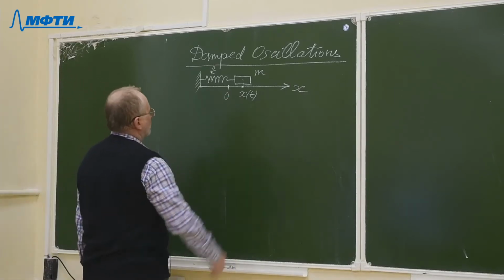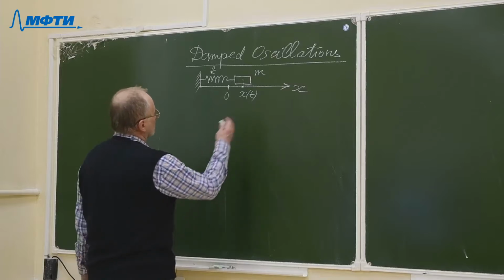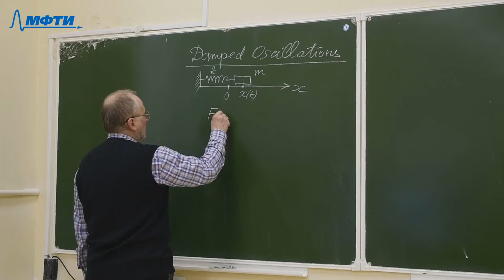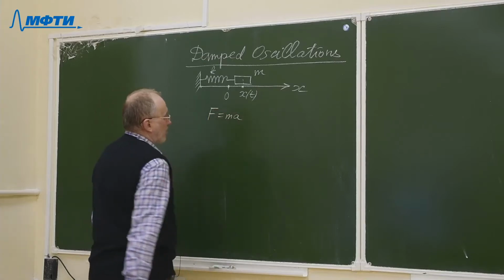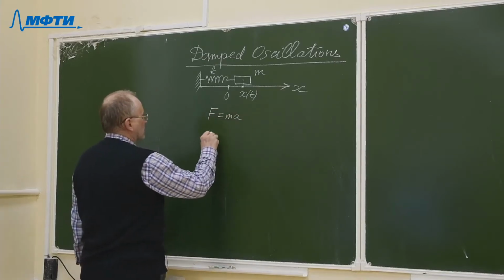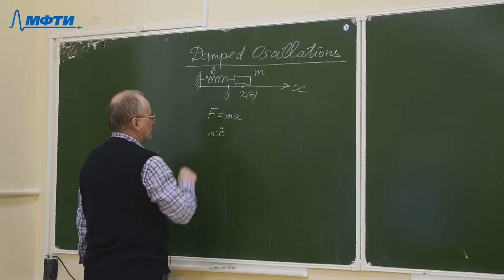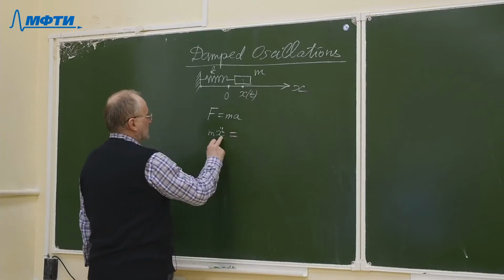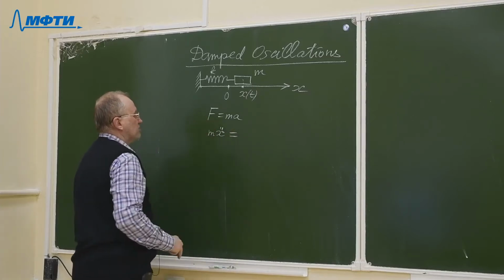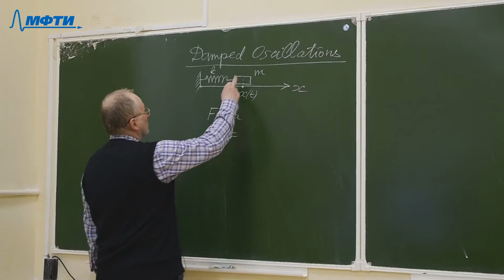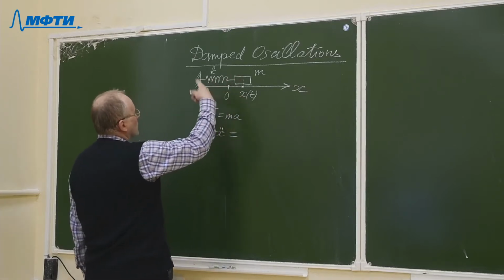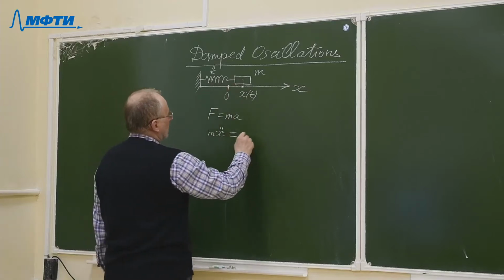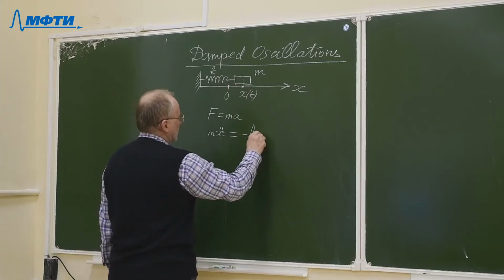So we have already written an equation which describes such motion. This is second Newton's law. Acceleration is certainly the second derivative of the coordinate x. So mass times acceleration is the total force acting on the body, and the total force in our previous considerations was the force acting on the body from the spring, and that was minus kx.